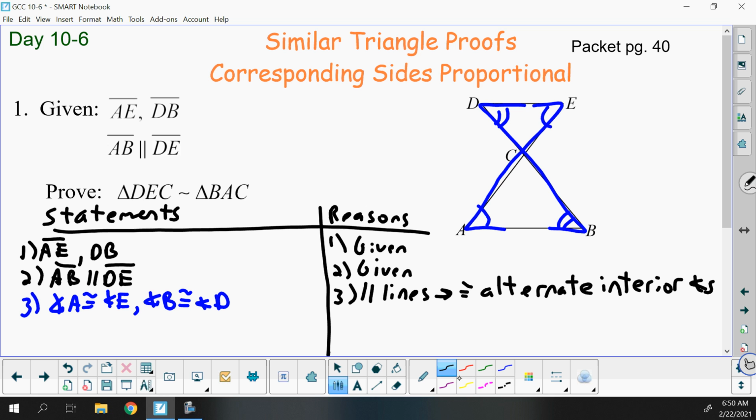Well, we've got 2 sets of angles, so we have what we need. So we can now say the triangles are similar. And our reason is our angle similarity postulate.